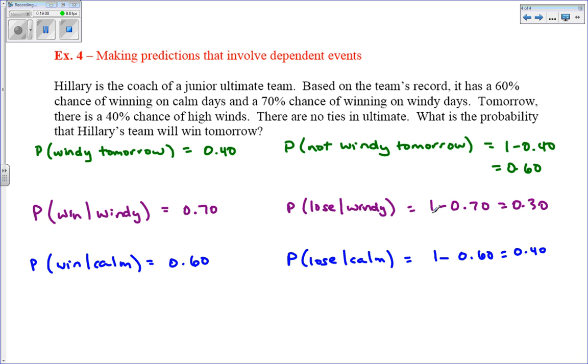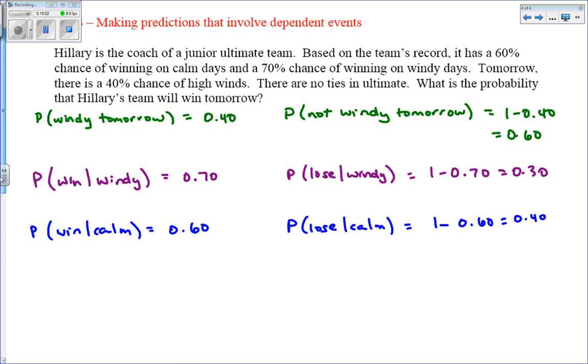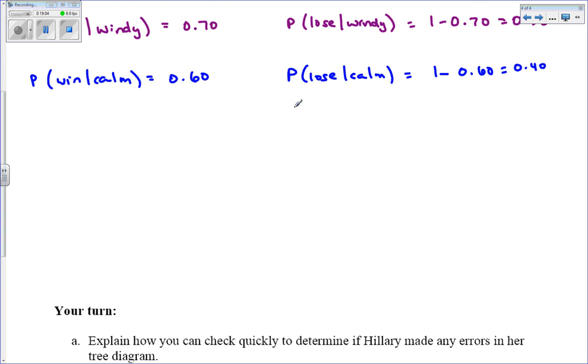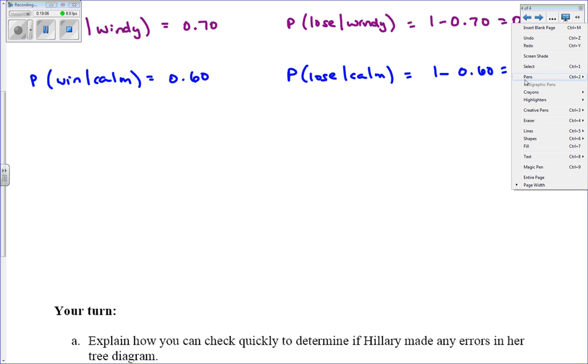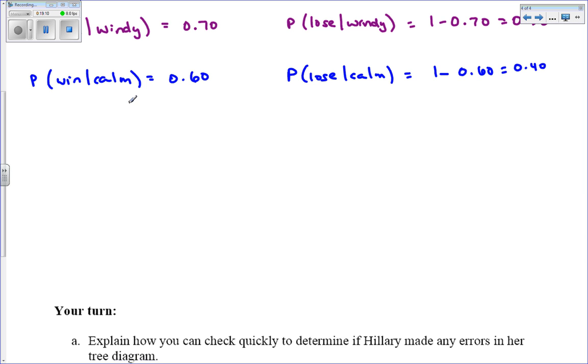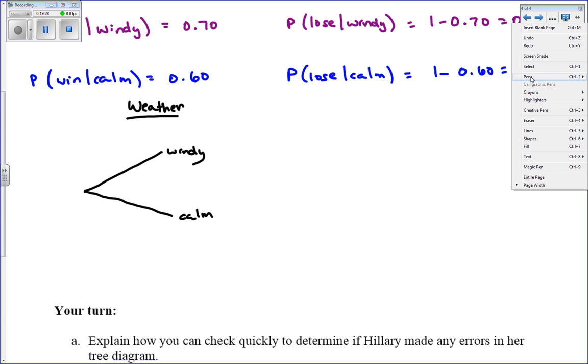So what we're going to do here is we're going to use a tree diagram. And bear with me because it's going to take a few minutes to set up. Our tree diagram involves two stages. The first stage looks at weather, and the second stage looks at the result. So for weather, it's either going to be windy or it's going to be calm. And we can put our percentages on there.